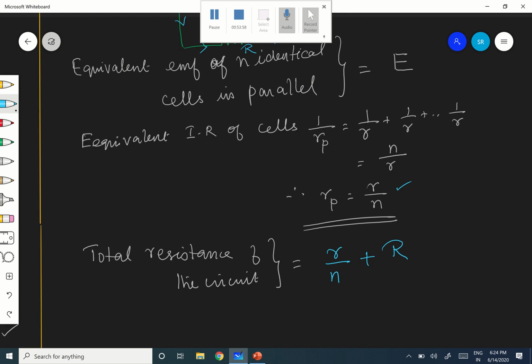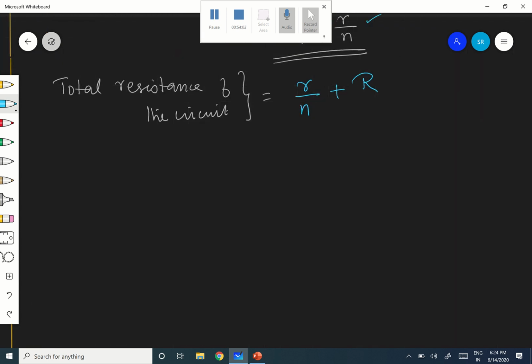Therefore my net resistance here is r by n plus R. Therefore, the current in the circuit.